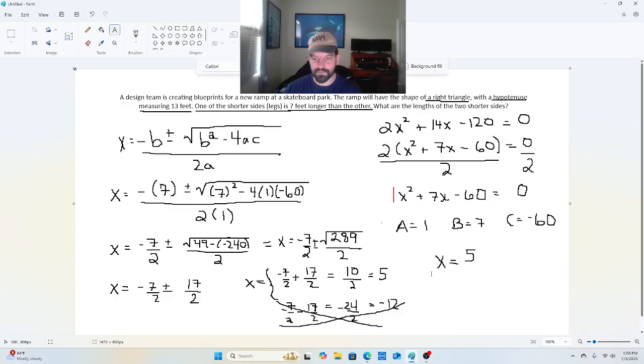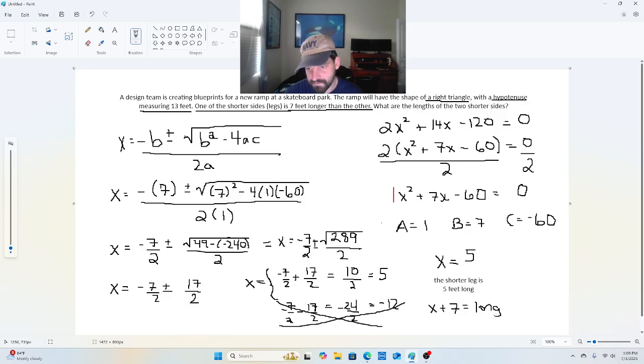So what x equals 5 means is that the shorter leg is 5 feet long. Now, to solve for the other leg, we can say that x plus 7 equals the longer leg, and we can make that direct substitution with 5 to solve for the longer leg.